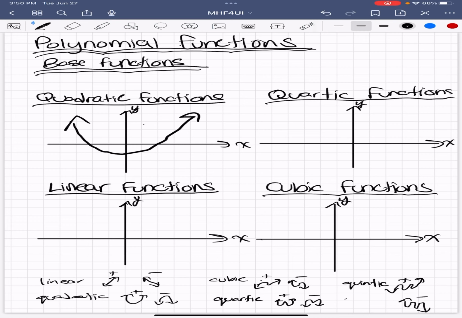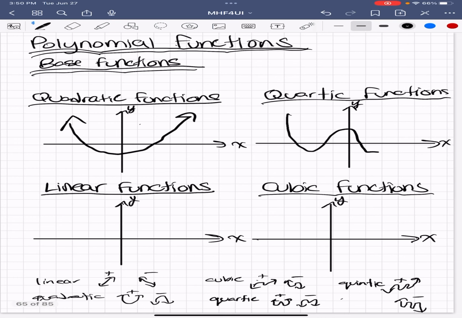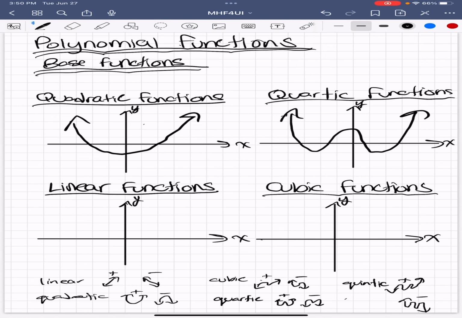That's the quadratic shape. The quartic shape. The linear shape. And cubic shape. Those are our base functions.